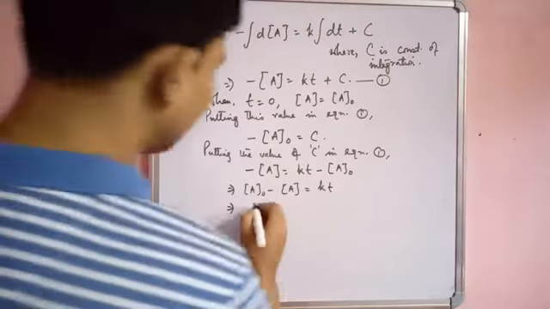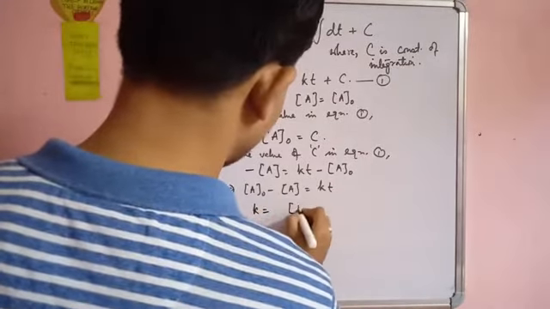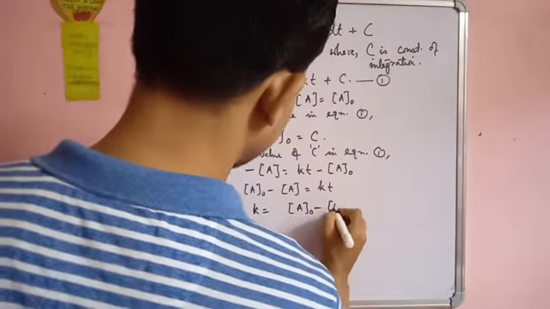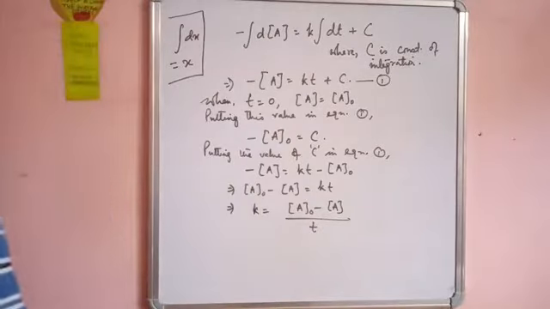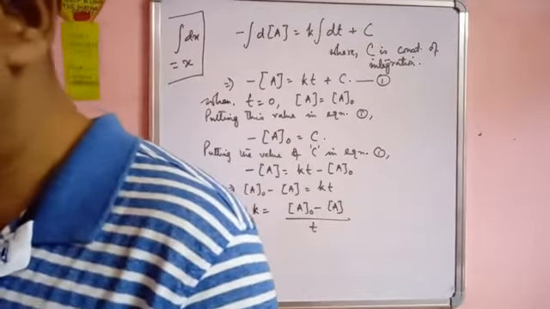Which implies k is equal to ([A]0 minus [A]) by t.